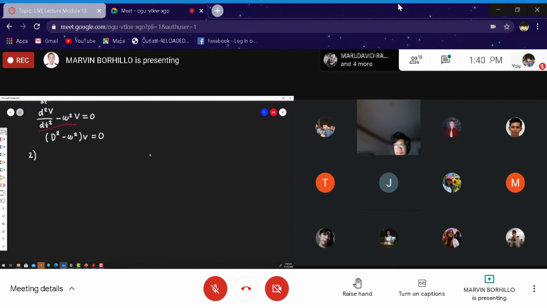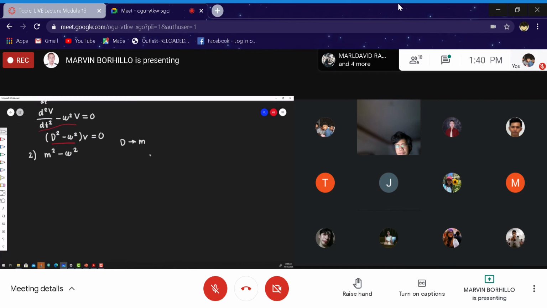So, this part will create the auxiliary equation form. So, yung D natin will be m. So, m squared minus omega squared is equals to 0. Constant yung omega. Walang sinabi kung ano siya.